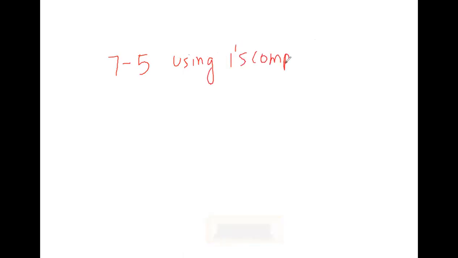Okay, the question is, I'll take a simple number first. The question is 7 minus 5. Find the value of, or subtract, 7 minus 5 using ones complement. So what are the steps?